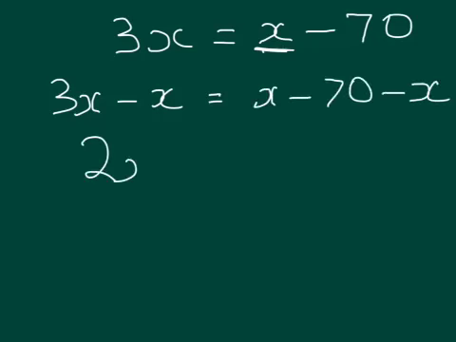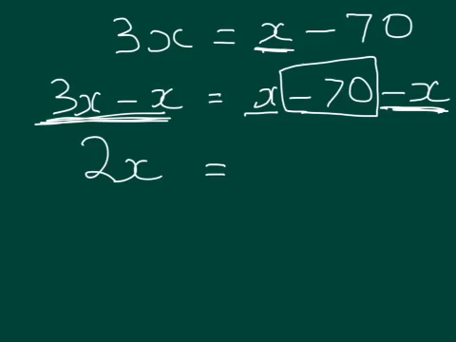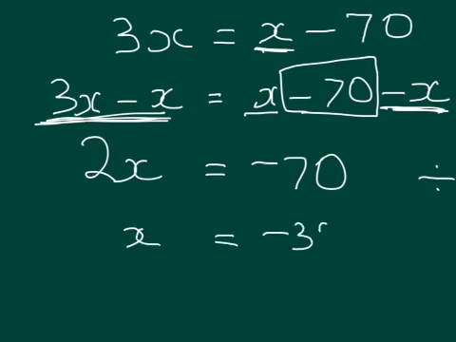Over here, as usual, I collect up my like terms and I get 2x is the same as, now I've got an x, take away an x, so that's gone, and I'm left with negative 70. Okay, so that's a 0, take away 70. I've got 2 times x, I'm going to undo the 2 times by dividing. I'm left with x is equal to negative 35.